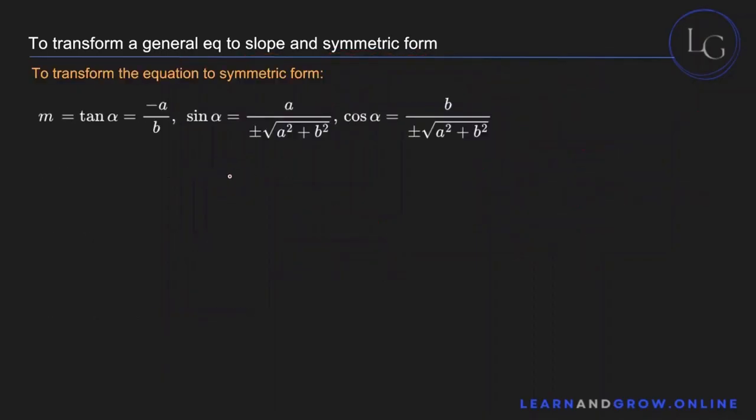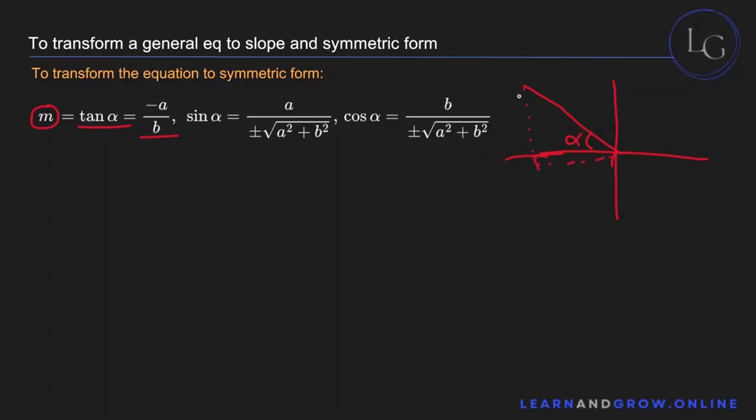So we already know that the gradient, or m, is equal to minus a over b, but that is also equal to tan alpha. So if you draw the coordinate axis, and let's just assume that this is the line given to us, and this is your alpha, we already know that the gradient is equal to the rise over the run. This is your rise, and this is your run.